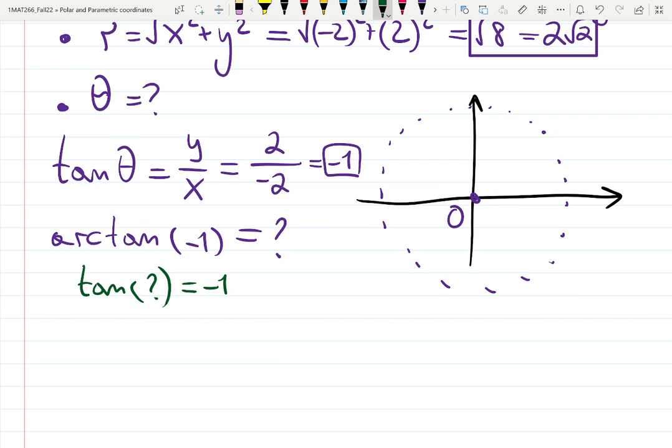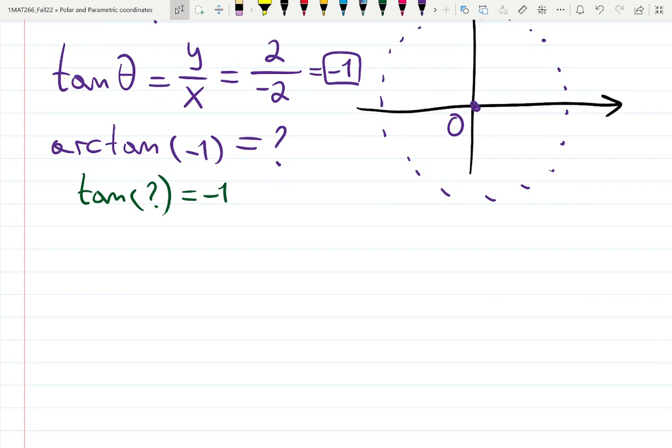You can check the circle, or you remember tangent of what angle gives you 1, and then use symmetry. So 3 pi over 4, someone said, or you can go down to minus pi over 4, right? So you use either symmetry or you know the angle.